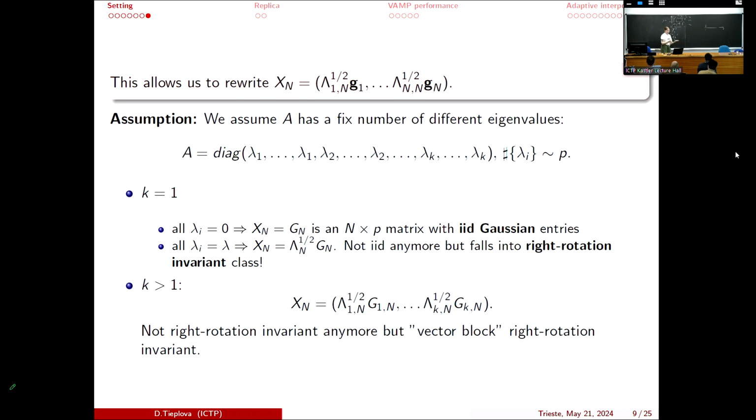So in the end, we obtain some block matrix where each block is right rotationally invariant. By itself, it's not right rotationally invariant, right? And that is what brings something new to all this theory.